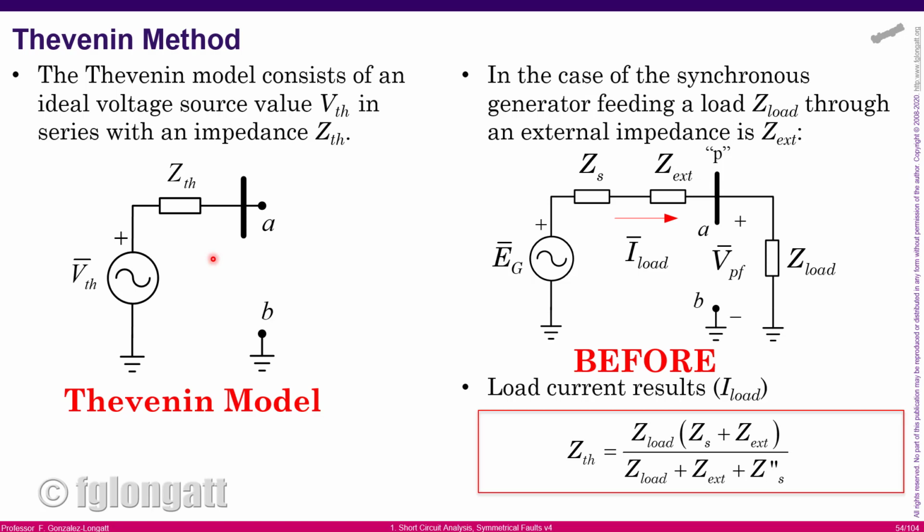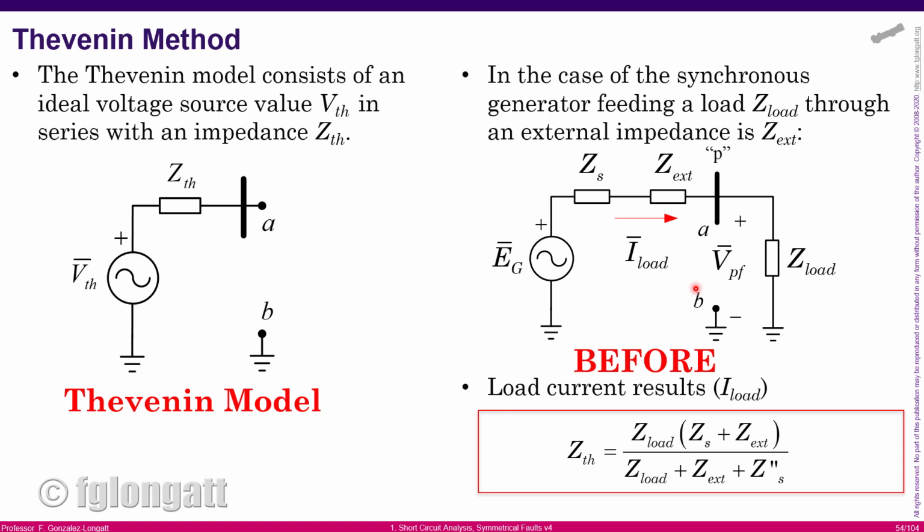I believe all of you must realize that if we remove the load, that is the condition before the fault. And what is the voltage when we remove the load from the circuit?